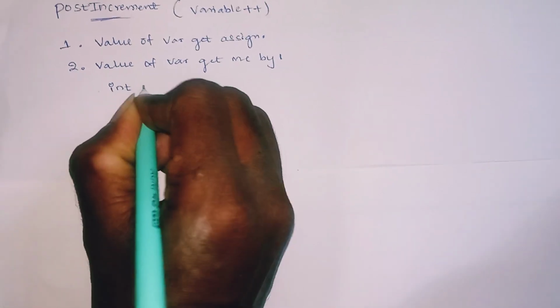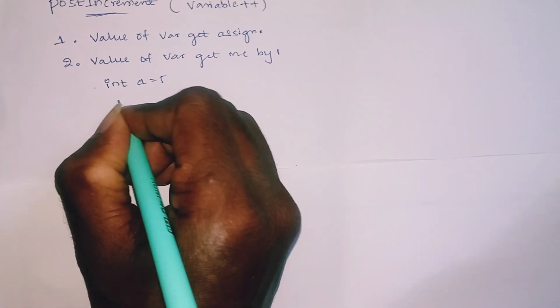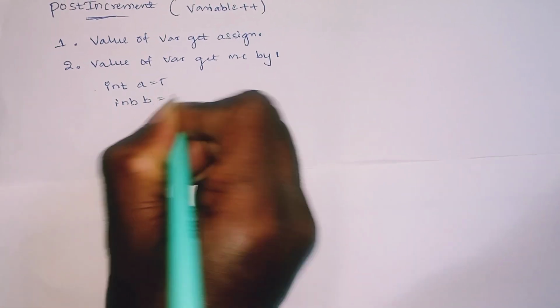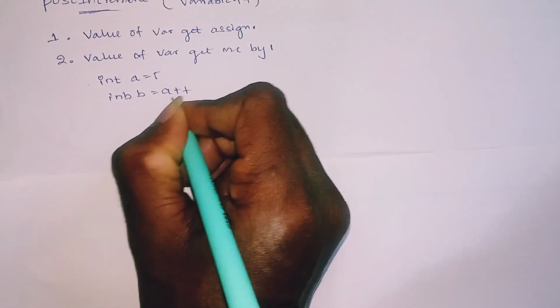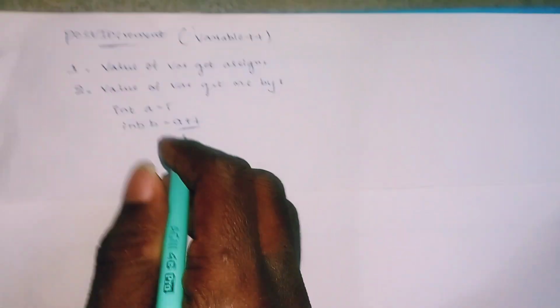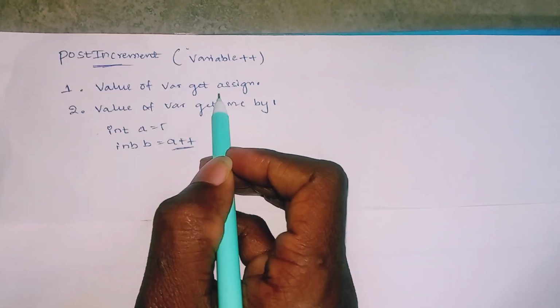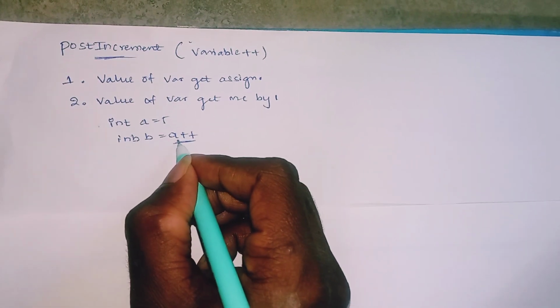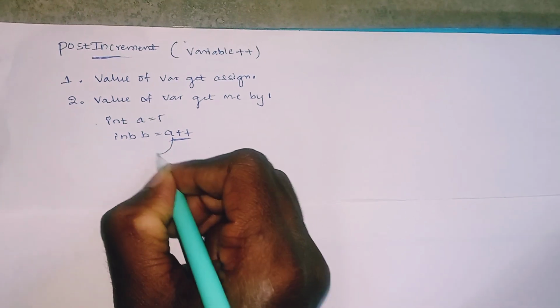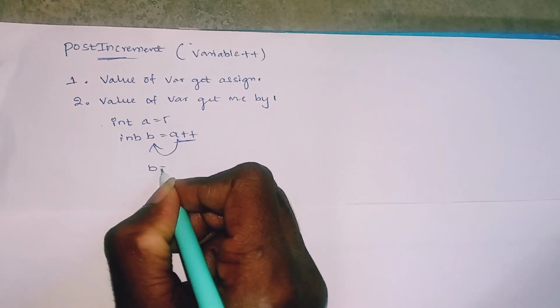Let us take two variables, int a equals 5 and int b equals a plus plus, which is the post-increment operator. As I said, the first step is the value of a variable gets assigned. Here the value of a is 5, so this a value gets assigned to b. Now b becomes 5.